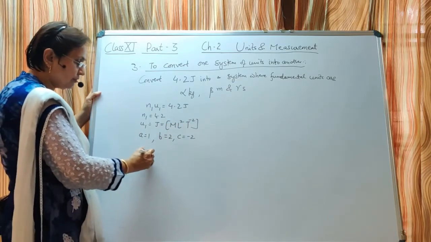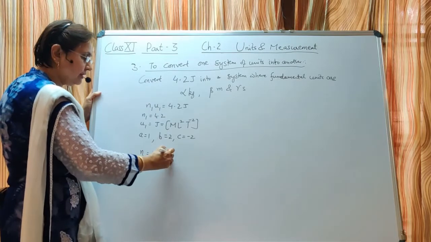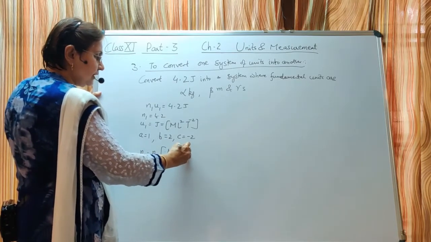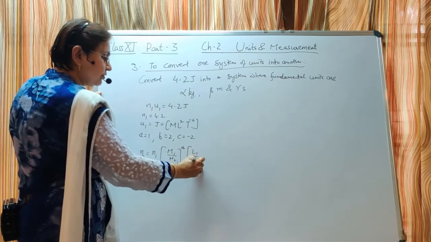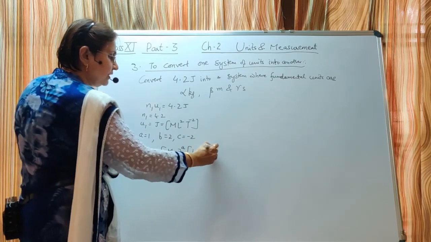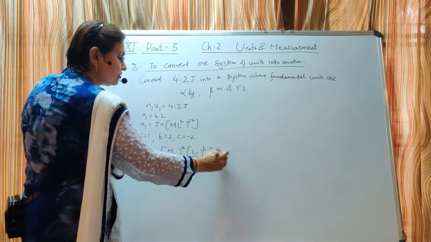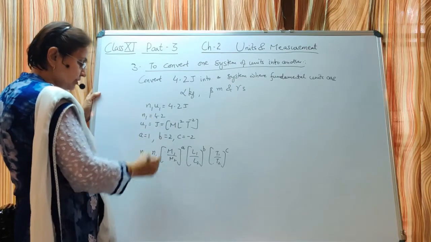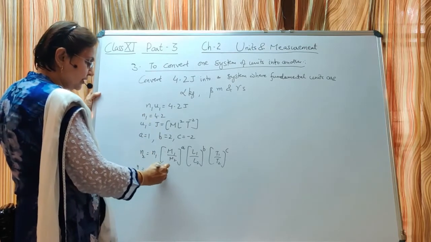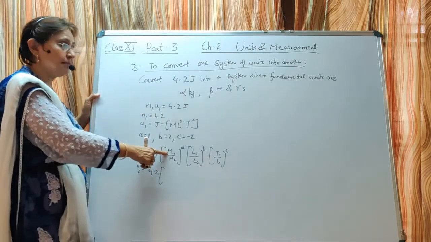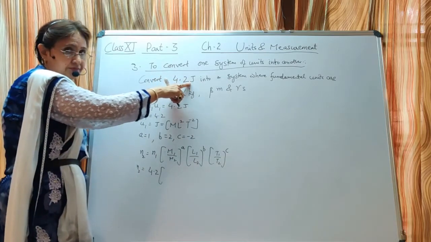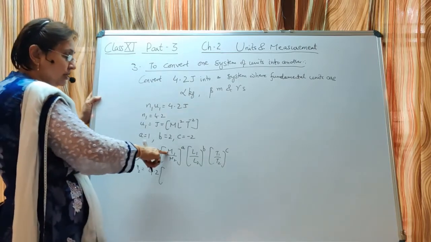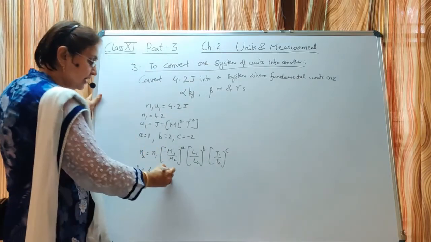Now use the formula. N2 is equal to N1, M1 upon M2 raised to the power a, L1 upon L2 raised to the power b, T1 upon T2 raised to the power c. Substitute the values: N1 is 4.2, M1 is the mass in the given system where the unit is joule, and joule is the unit in SI system, so mass there is measured in kgs.